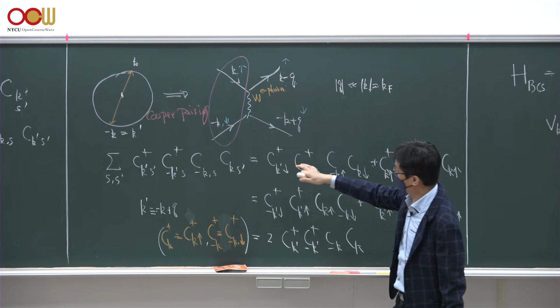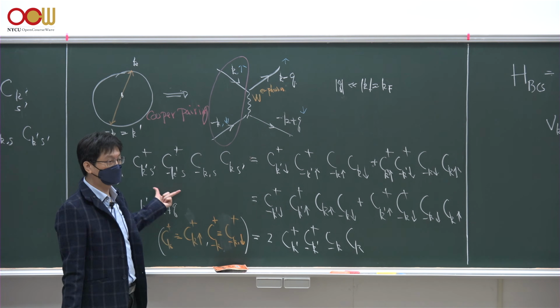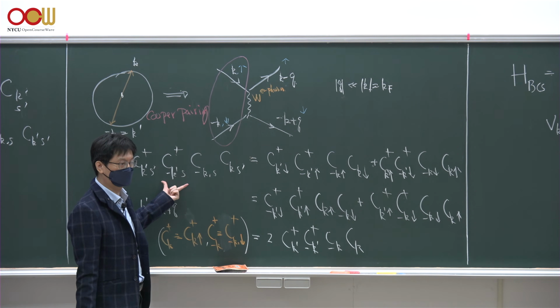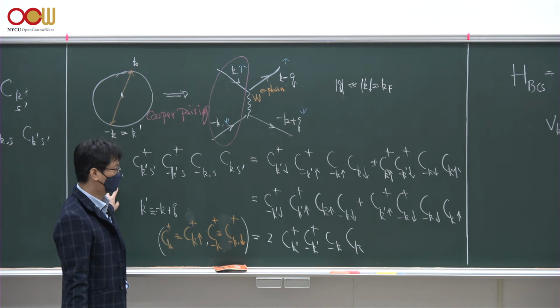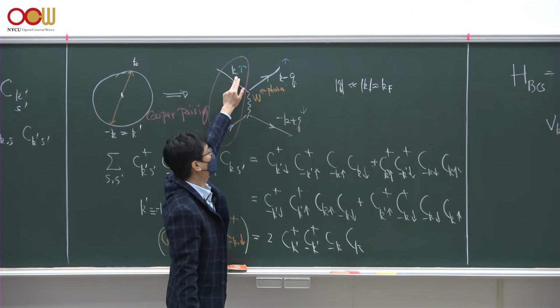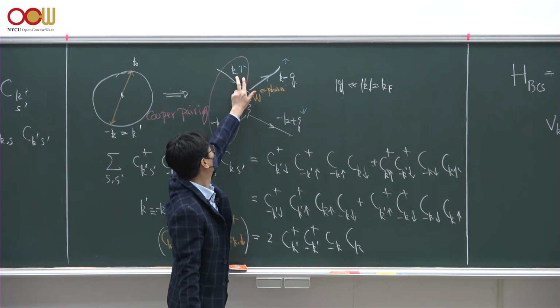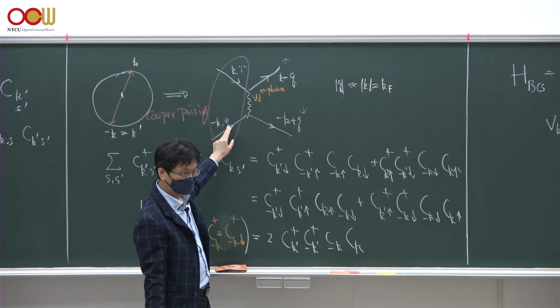So let us apply this Cooper pair proposal, and simplify this so-called Coulomb term, or potential term, by summing over the spin indices. We know that if electron number 1 carries momentum k and spin up, the other electron must carry minus k and spin down.